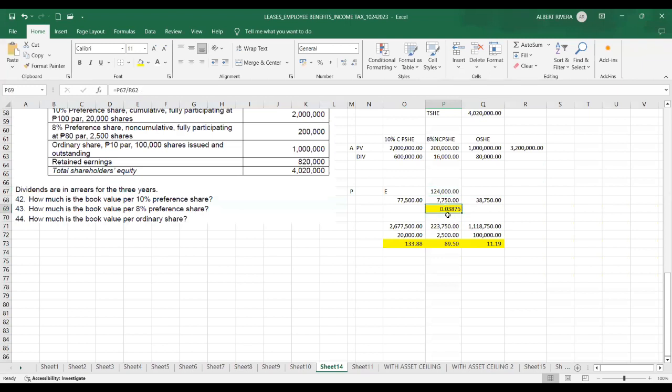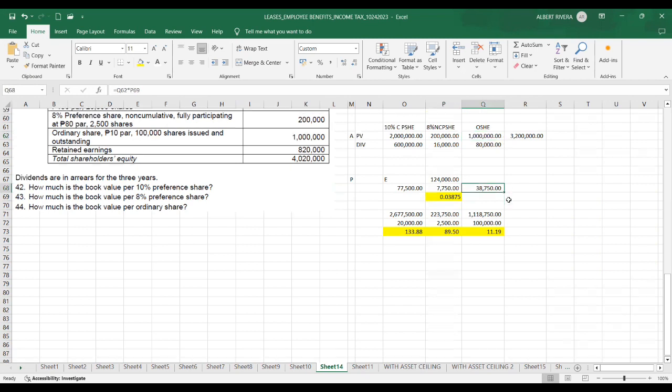So this is 0.03875 times 200,000. So this is 7,750. 0.03875 times 1 million. This is 38,750.